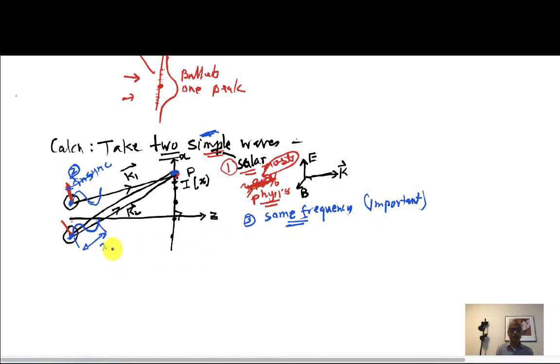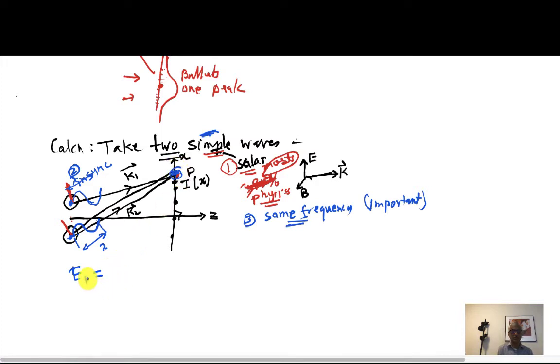So how do I write these waves? Let's write wave 1. Let's call it E1. I still call it the electric field, but let's call it E1. When it reaches point P, what does it look like?